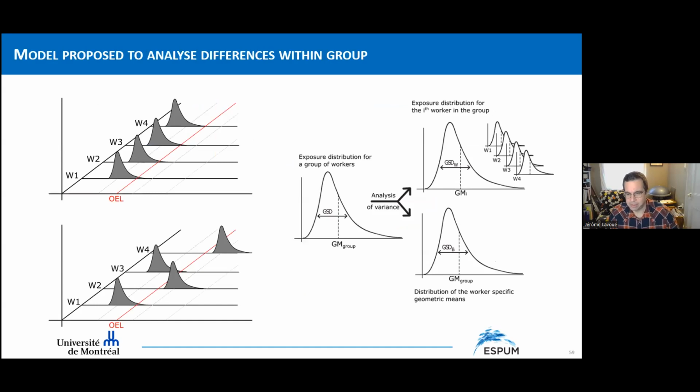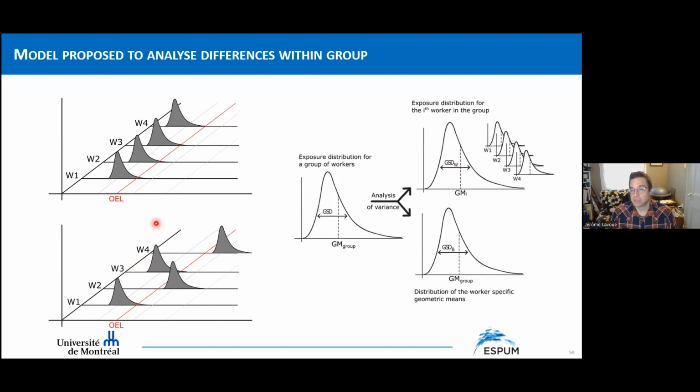So the way that this strategy works, for those of you familiar with the statistics, is basically an analysis of variance model, where you want to differentiate between that situation here, where you see that each of these 4 workers have a similar exposure distribution, so their risk is similar, from that situation here, where within that group, each worker has a fairly different exposure regimen, and some workers are clearly at risk, while some others are not.